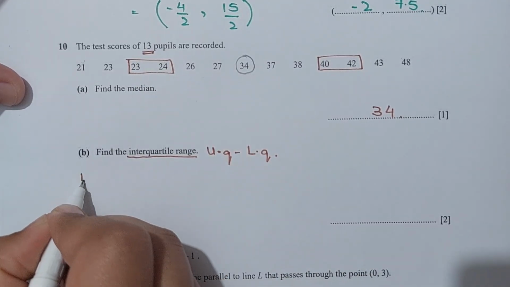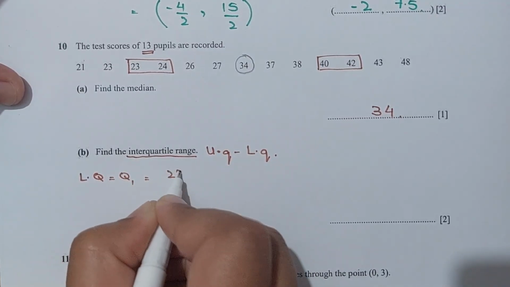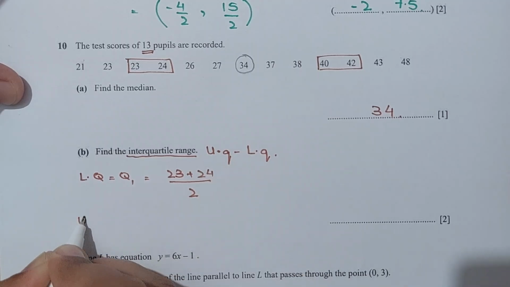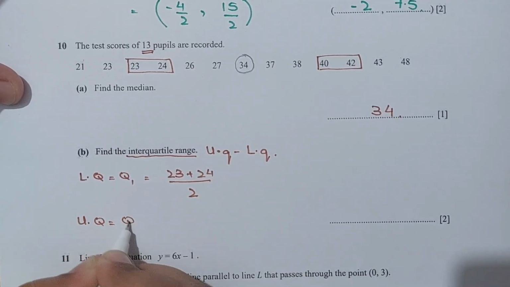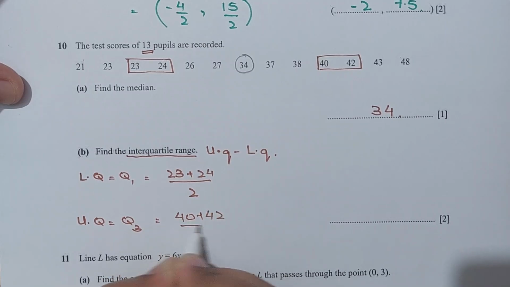So let me find the lower quartile, which is Q1: 23 plus 24 divided by 2, and the upper quartile, which is Q3: 40 plus 42 divided by 2.